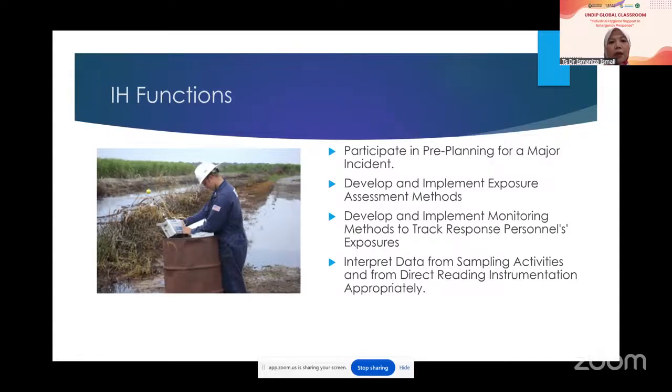Before things go wrong, we have all these functions. First, we pre-plan. We don't wait for disasters, we pre-plan. We plan for if it happens, because the worst time to think is when everyone is already panicking. In case of fire at the university, what would you do?